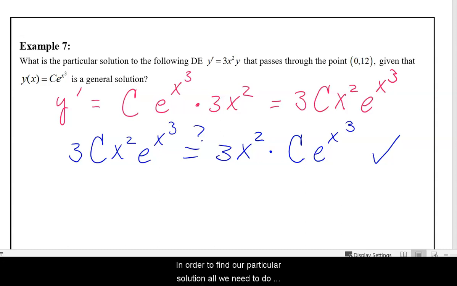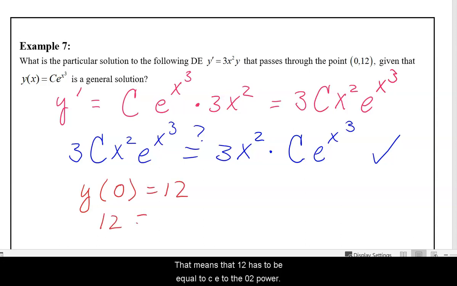In order to find our particular solution, all we need to do then is plug our particular point into the general form of the solution. We're told that the point (0, 12) is on the general solution. That means that when x is 0, we should end up with y equal to 12.